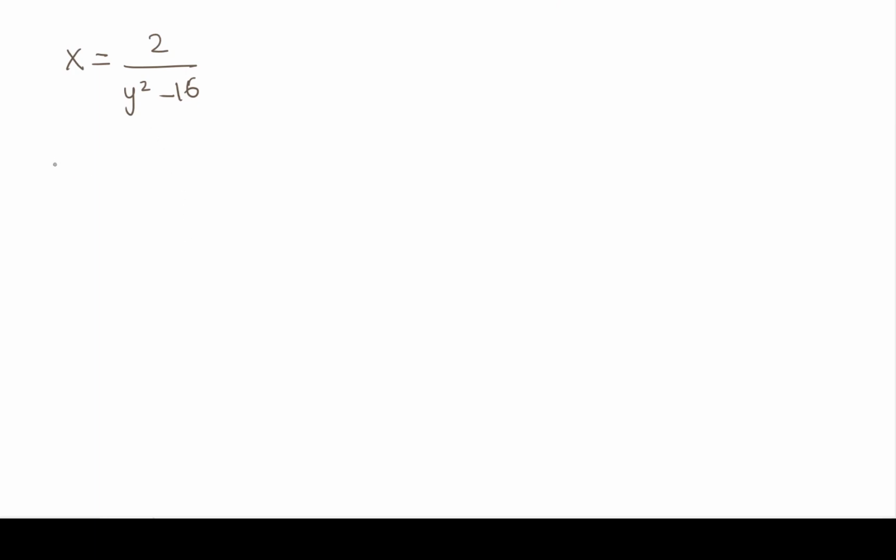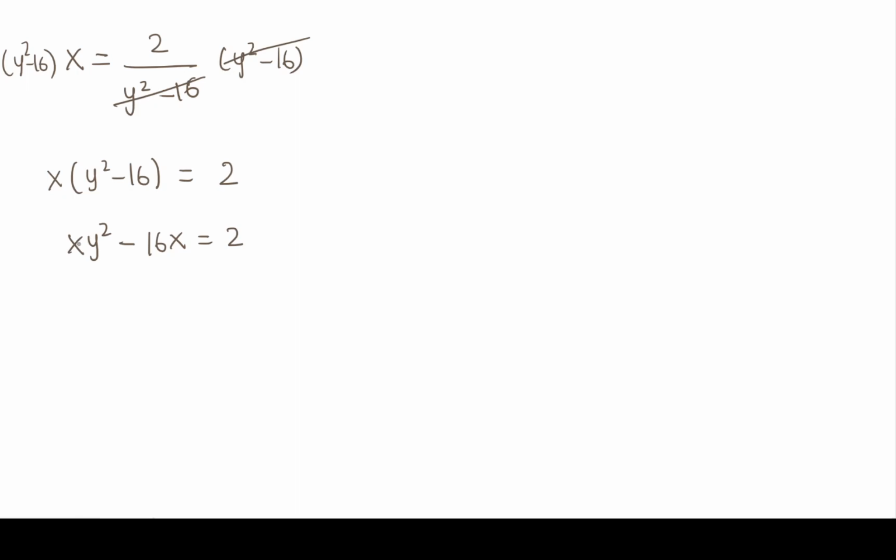So we'll multiply y squared minus 16 on both sides. And the y squared minus 16 here gets cancelled out, and we are only left with 2. And now we distribute this x. That would give us x times y squared minus 16x equals 2.